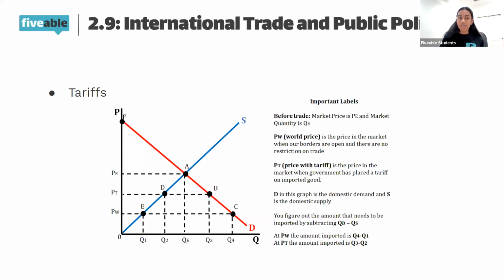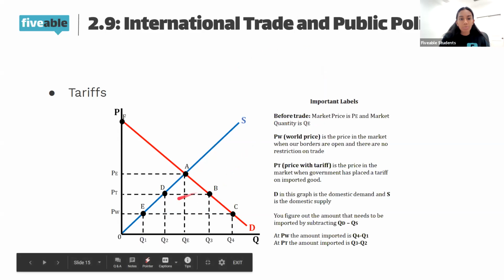So when you're placing a tariff on a foreign good, that increases the price, and that helps protect domestic markets. So before trade, our market price was PE and QE, that's just equilibrium price and quantity.